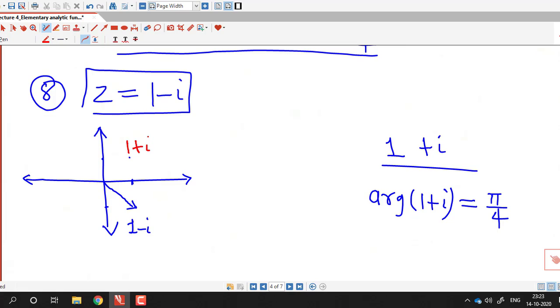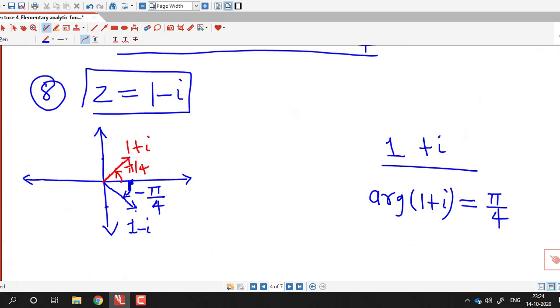1 plus i is in the first quadrant, and we find that this angle is pi by 4, as we discussed in the previous problem. Now this 1 minus i is in the fourth quadrant, so this angle is also pi by 4, but if we measure in this direction, it is the clockwise direction, so we have to write minus pi by 4.